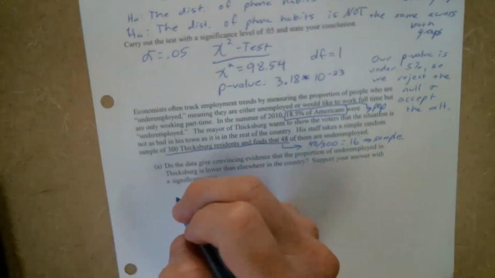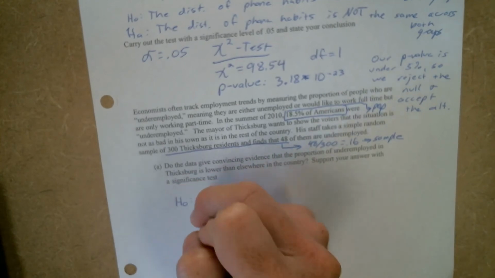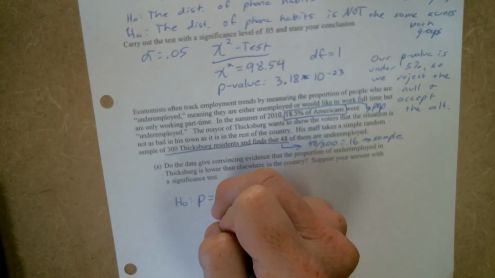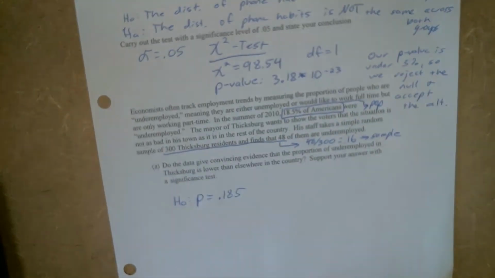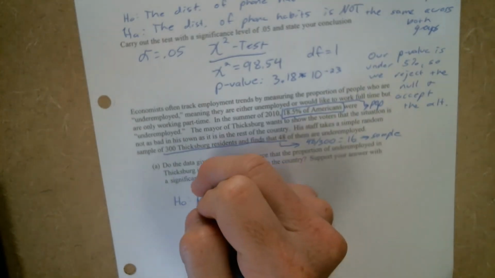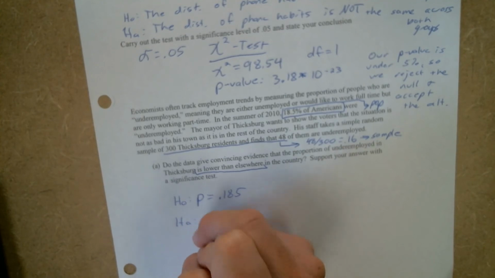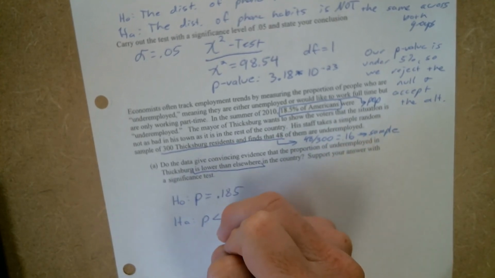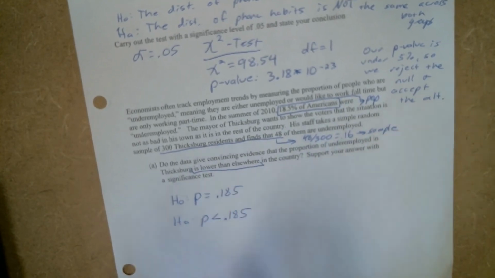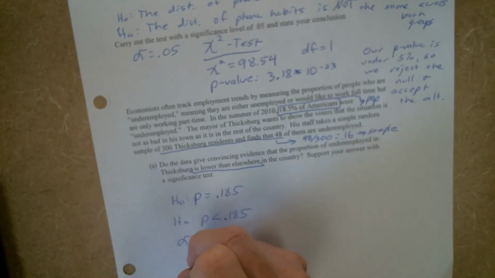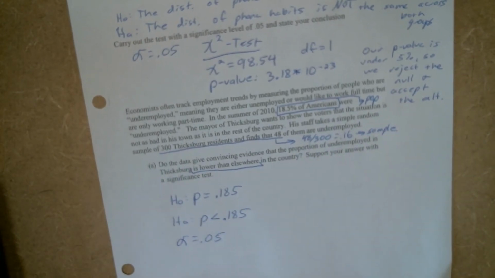So the way we handle this is we set up a null that p is still 18.5%. And then since we're testing to see if we're lower, our alternative becomes that p is less than 0.185. And then our alpha is going to be 0.05. All right.